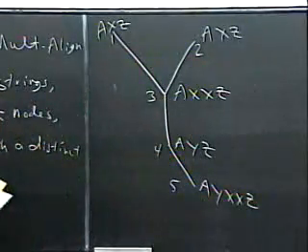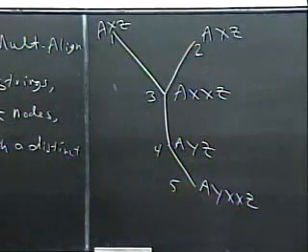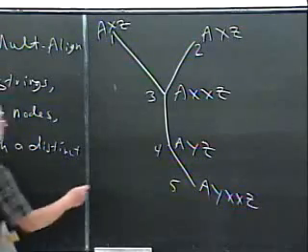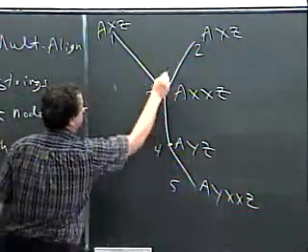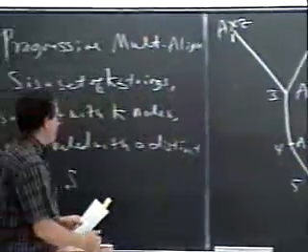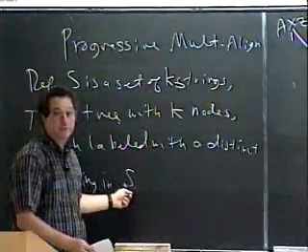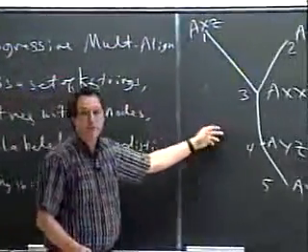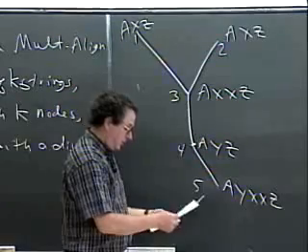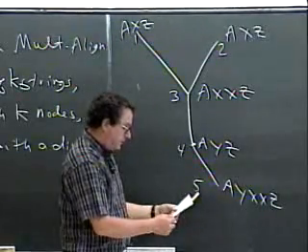Okay, so we have a set of K strings. In this case, K is 5. T is a tree. There's our tree with K nodes, 1, 2, 3, 4, 5 nodes, each labeled with a distinct string in S. Okay, so here's that labeling.